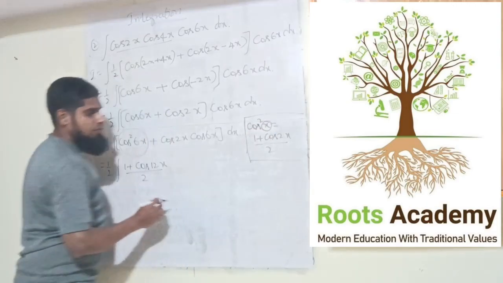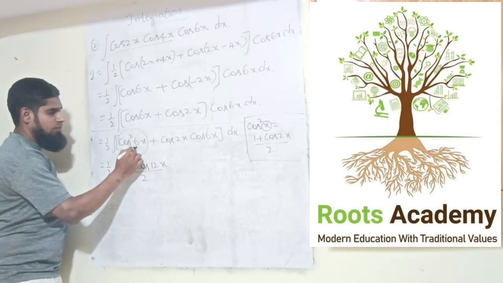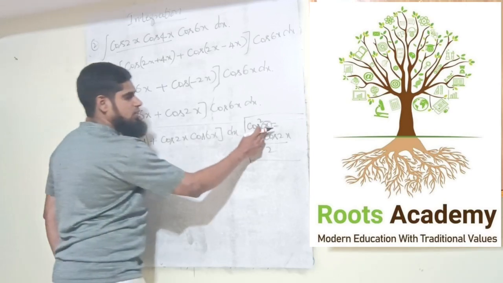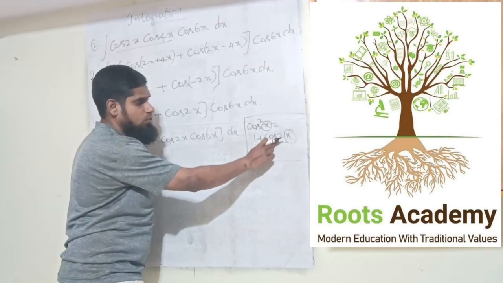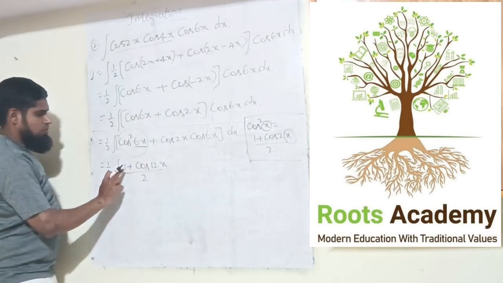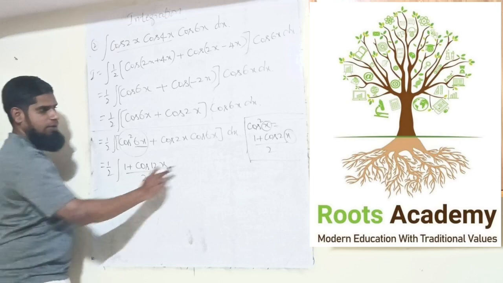So it is 1 plus cos 12x divided by 2 as it is.